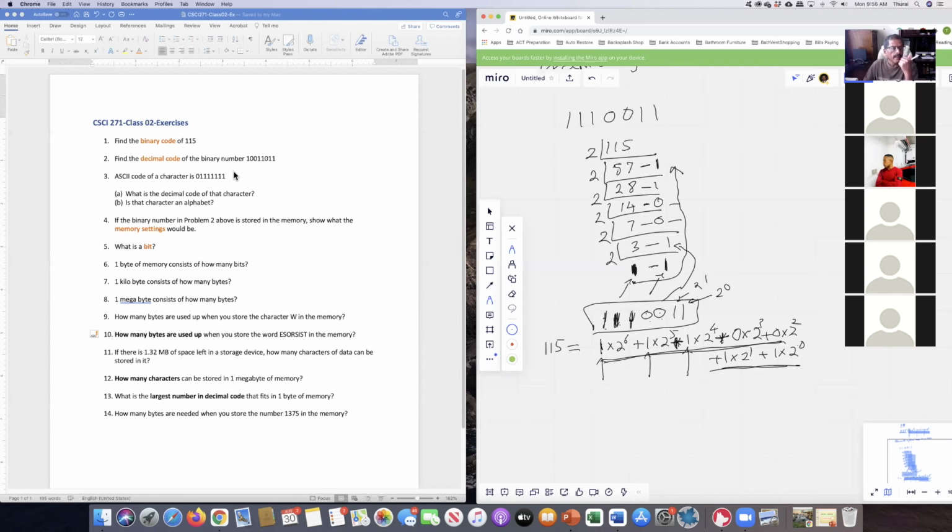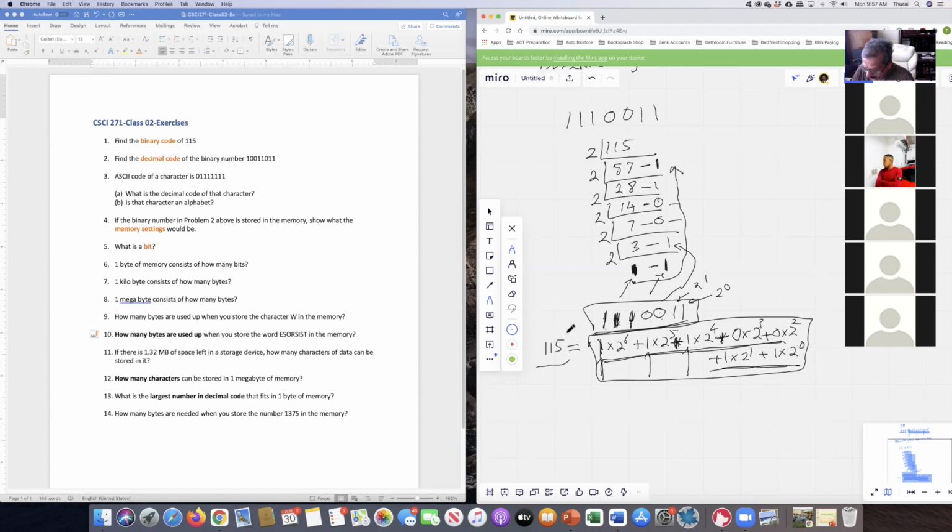Professor, to check the binary code 1110011, you could put it into base 2, right? Yes, to verify this is the code, you can write up this expression and add up. These will add up to 115. In fact, that's how you go back from binary code to decimal code.